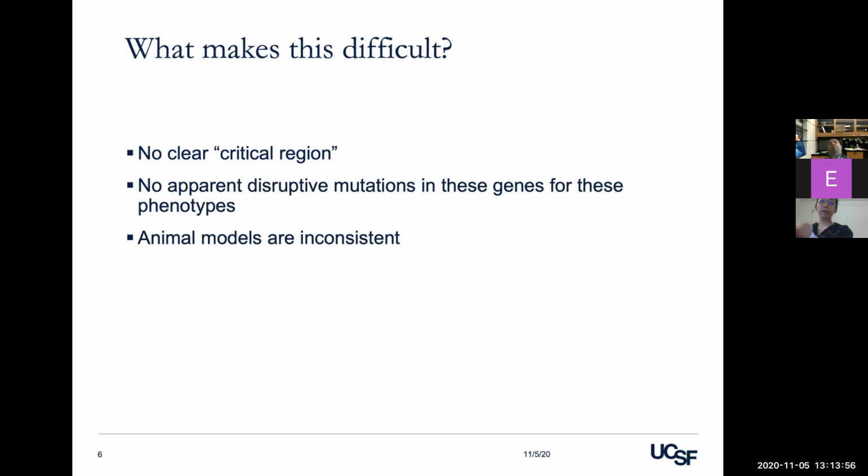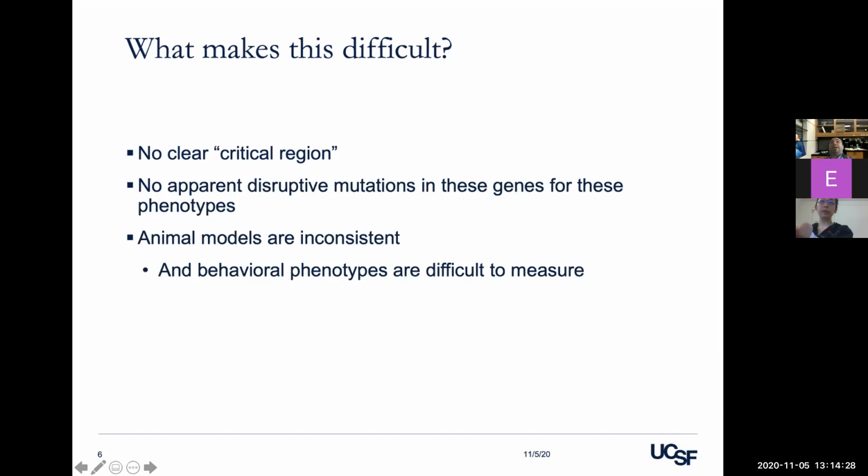So for example, at the chromosome 16 region, 16p, what we see in humans is that people with deletions of that region tend to be more likely to have obesity. And the opposite is true in mice. In mice, deletions of that region are more likely to be underweight. So that makes it difficult to use mice as a way to analyze these sorts of human traits.